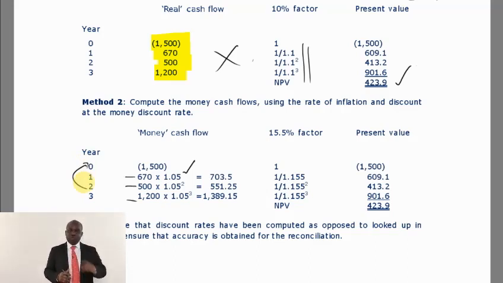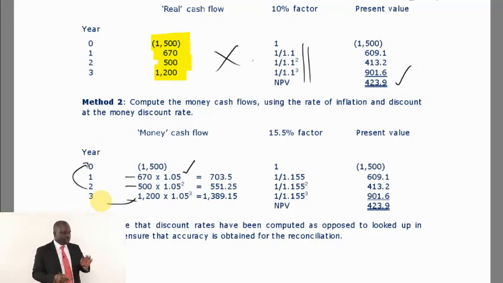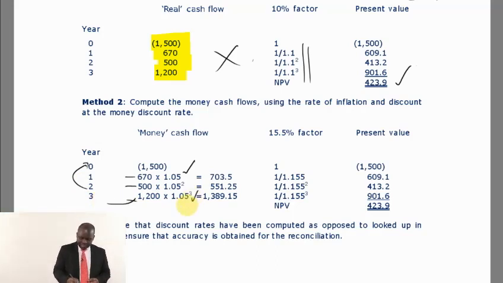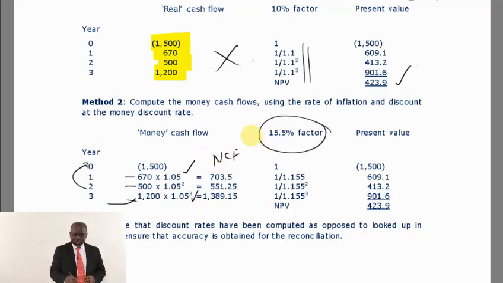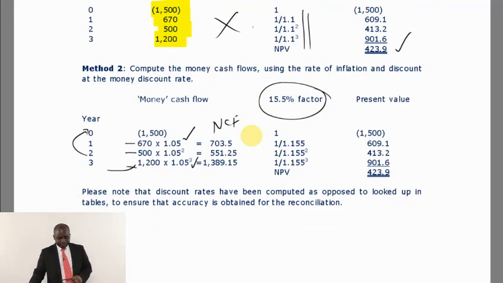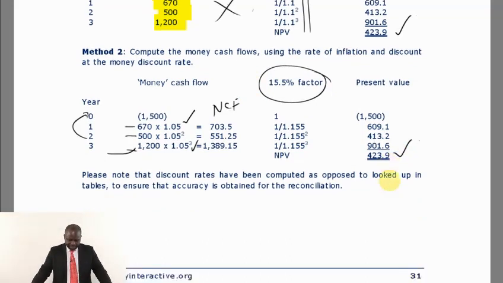Therefore, you would have to multiply it by 1.05 raised to the power 2. And then the 1,202 was also referenced in terms of today, so it should be 1.05 raised to the power 3. When you get the nominal cash flows, you need to multiply by the nominal discount factor, and you see that all of them will give you the same NPV.